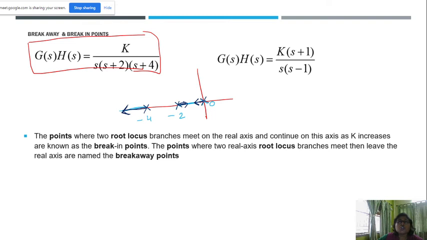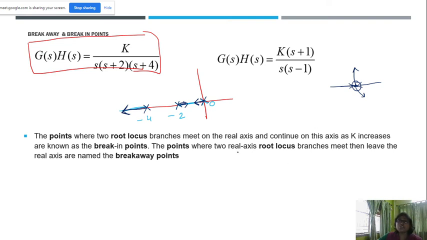So when two root locus branches move towards each other, what is going to happen? At some point they will collide, and when they collide, from the real axis they get separated towards the imaginary axis. The point where they collide and get separated is known as the breakaway point.